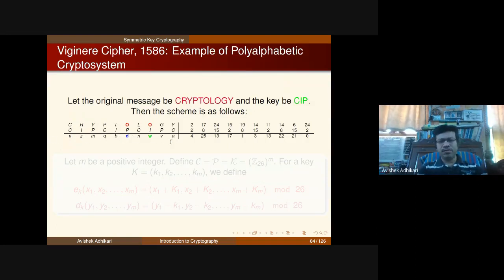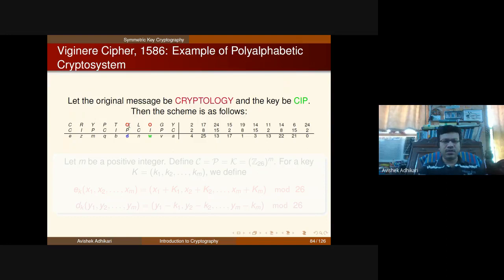Now if you look at the word cryptology, O occurred twice. In a monoalphabetic cryptosystem, O will always go to a particular place, and this O will also go to the same alphabet. But here the keys are different.